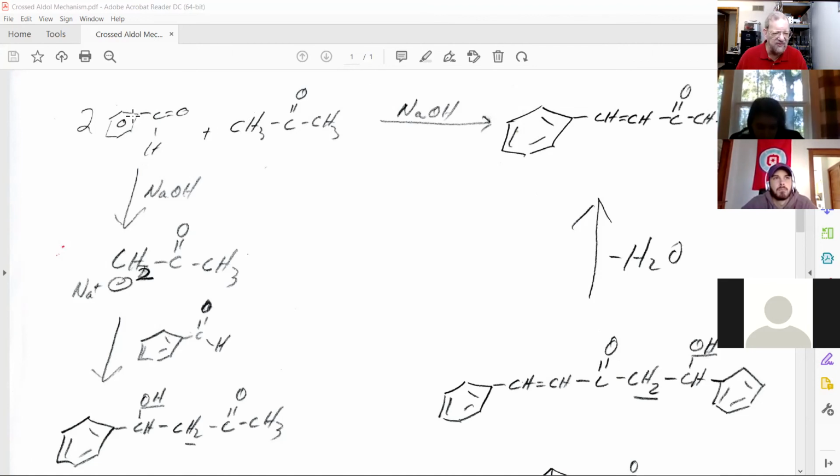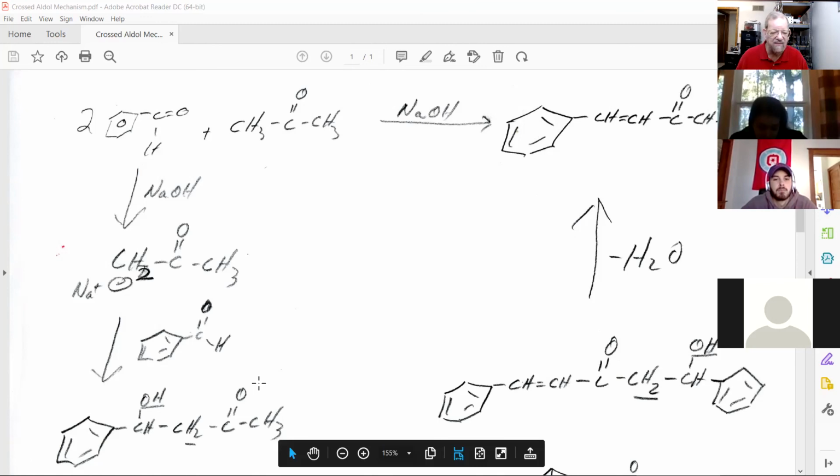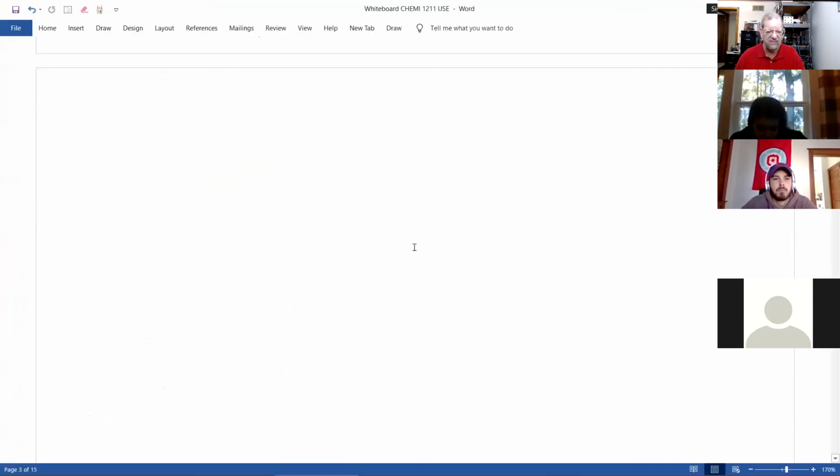Now, if you look at the benzene ring here, this carbon attached to the carbonyl carbon has 4 bonds to it. I don't show it here, but let me rewrite it. This is the alpha carbon in benzaldehyde.